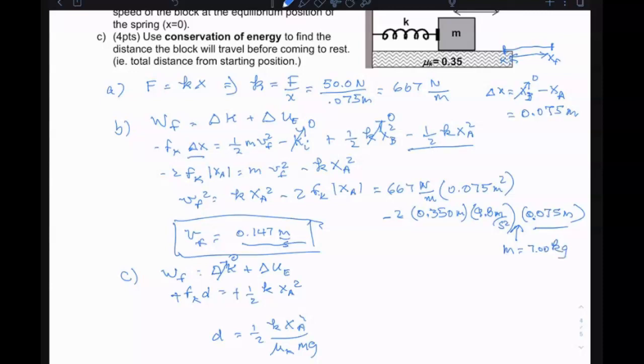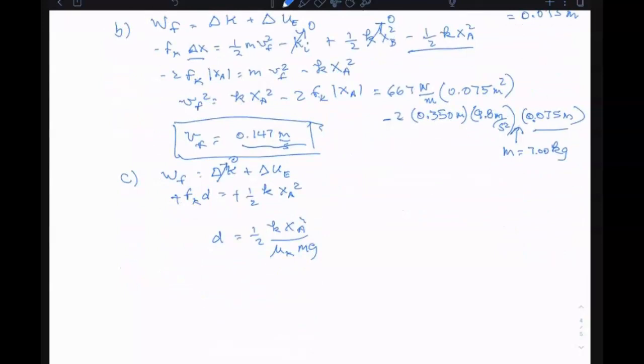I apologize for that mistake. But you must have this mass as a factor in this product in order to get this correct answer of d sub f. Anyway, back now to part C.